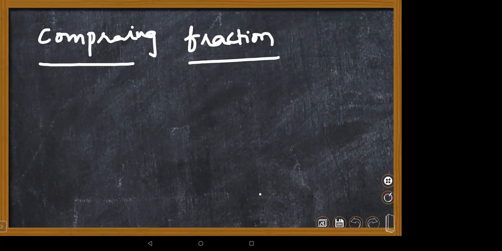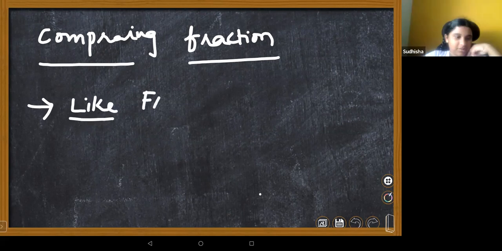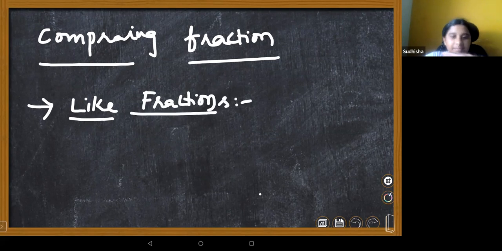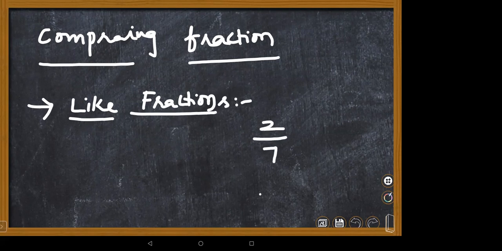If you want to compare two like fractions, what are like fractions, Sudisha? Ma'am, where the denominators are equal. Very good. Are these two like fractions? Yes, ma'am.